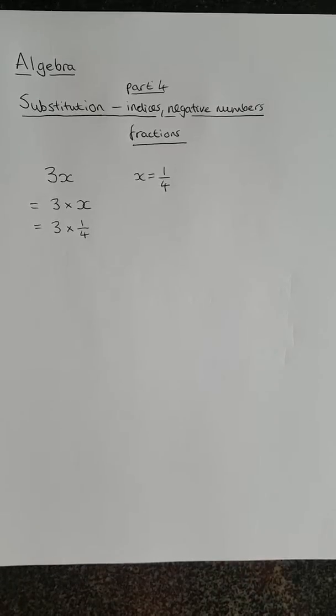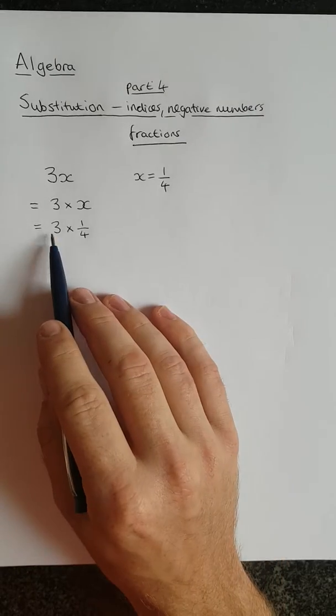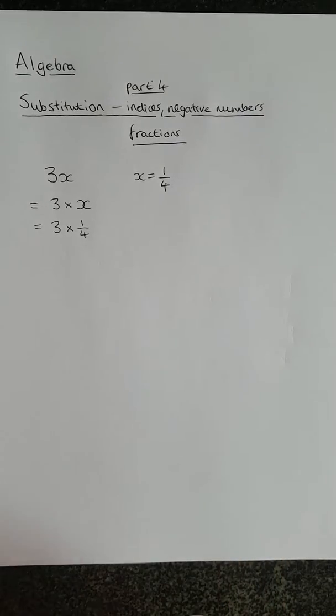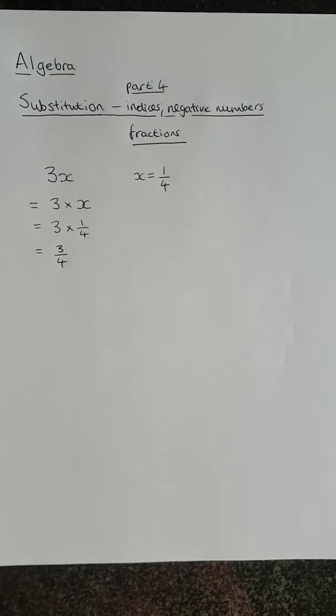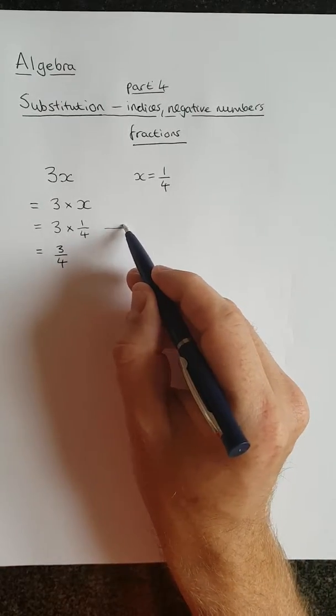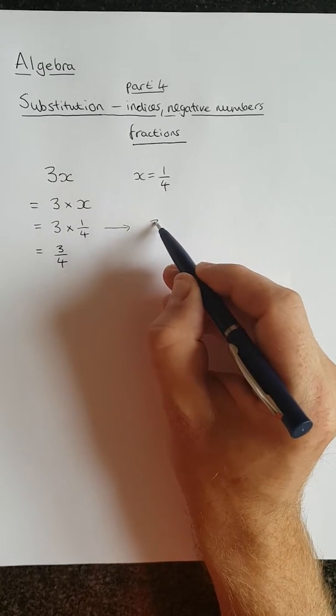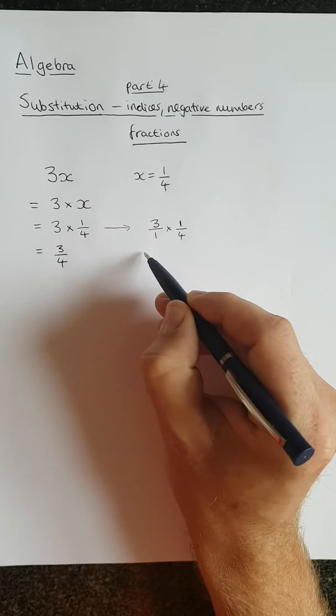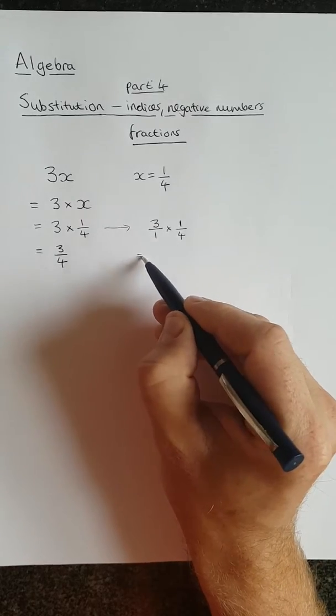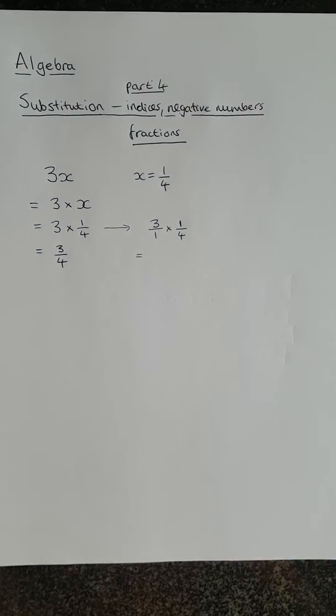Now, there are two different ways of seeing this substitution. One is to go 3 lots of 1/4 is 3/4. And some of you will see it straight away. The other way to see it is to write 3 as 3/1, and then use your rules for multiplying fractions.